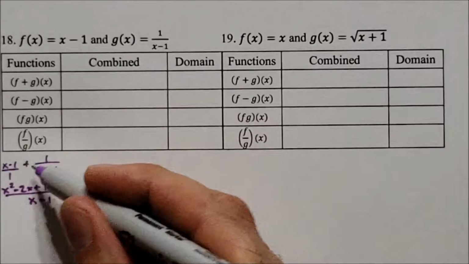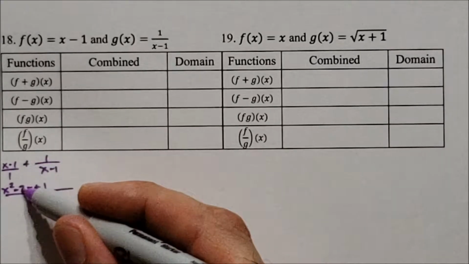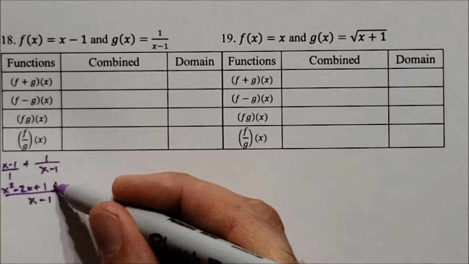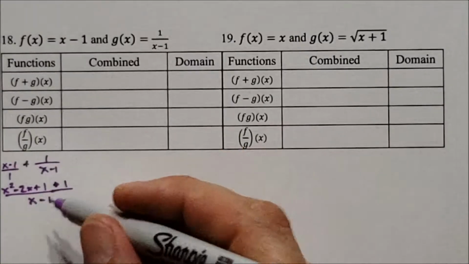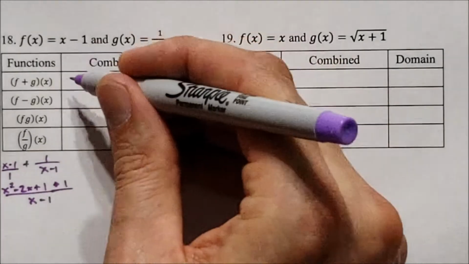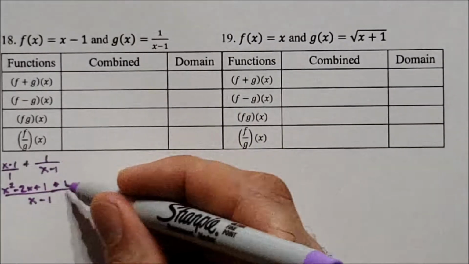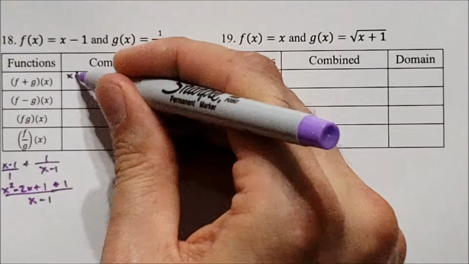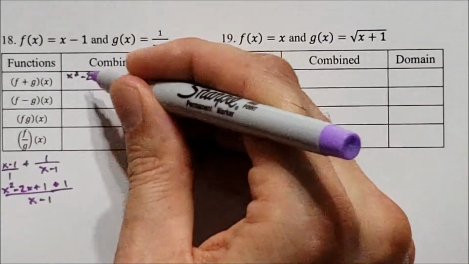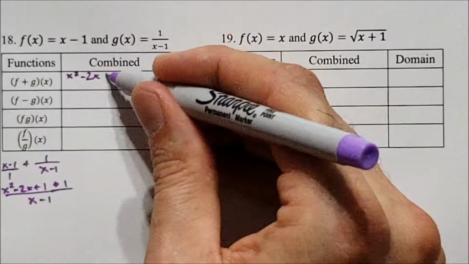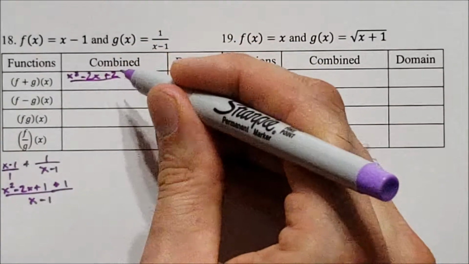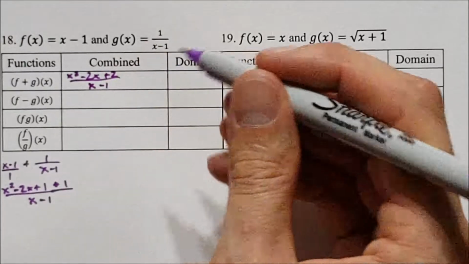But when we add these together, this is the numerator of the left. The numerator of the right stays unchanged to be plus 1. Simplifying this, just adding the 1 and 1 together, we'll have x squared minus 2x plus 2 all divided by x minus 1.